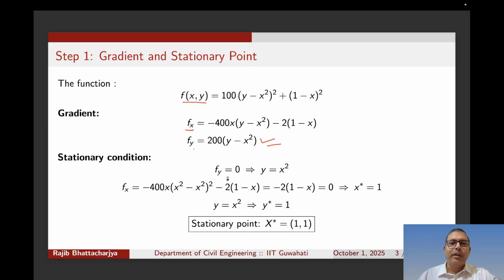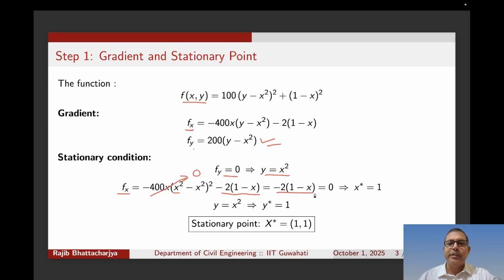fy should be equal to 0, and from here I can write that y equals x squared. Now take the first equation, the fx equation, and put y equal to x squared in place of y. Then the first part will be 0, and I am only getting minus 2 times (1 minus x).